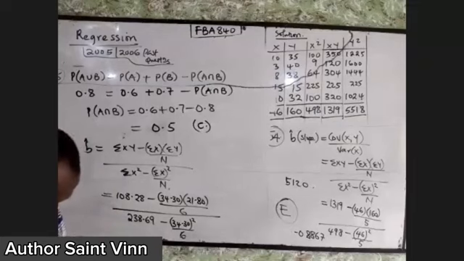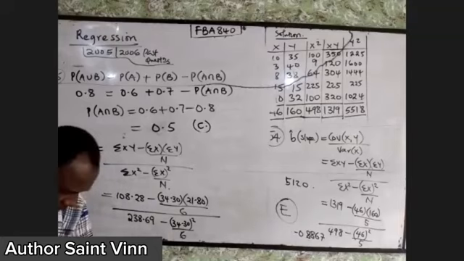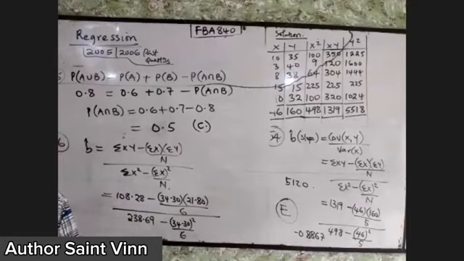They even gave us summation of y squared. In that question, there's some y squared. Have you seen it? It can confuse somebody who does not know what he's doing.